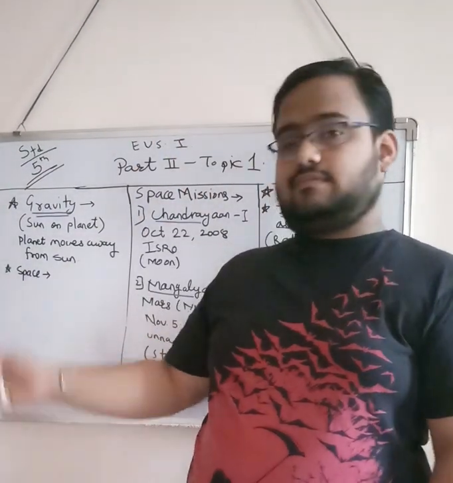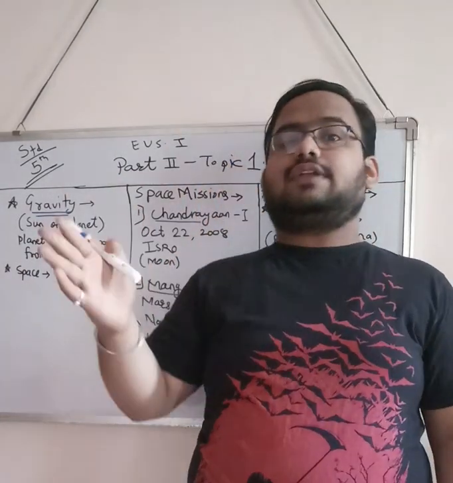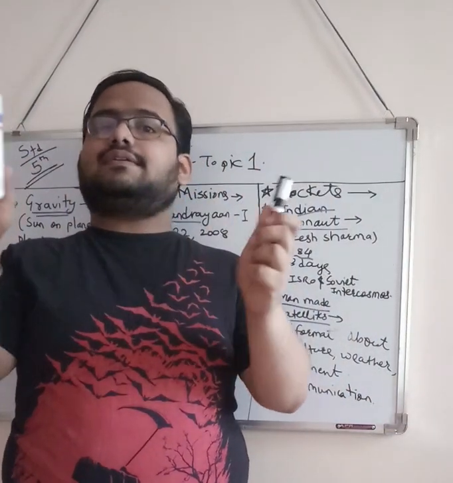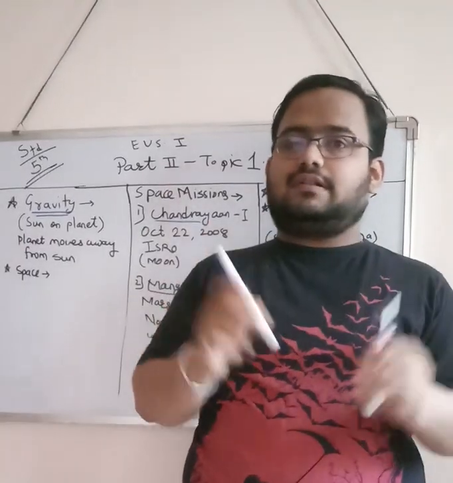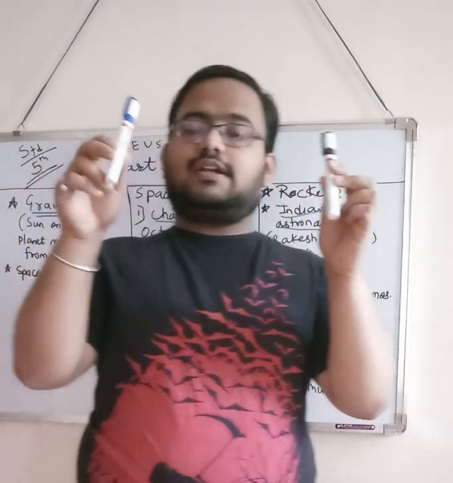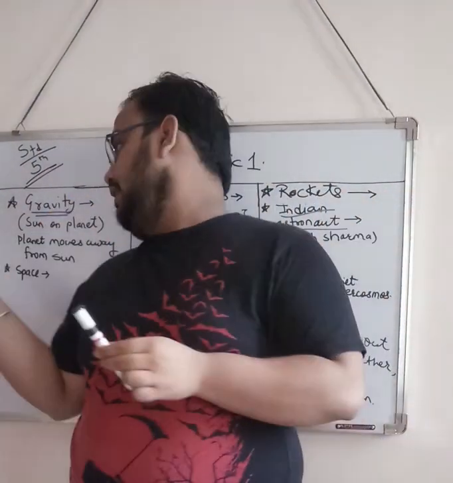What is space? The empty region between planets and stars. There is a blank space between planets and stars. In Marathi we say जागा. So that emptiness is called space.